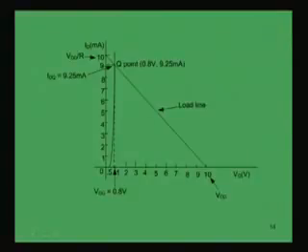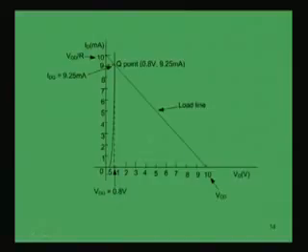This is the load line, which is drawn along with this characteristic curve. As you can see here, the point of intersection between this characteristic curve and this load line is Q. Now if I project vertically from this Q point, I get the point of intersection with the VD axis at around 0.8 volt.